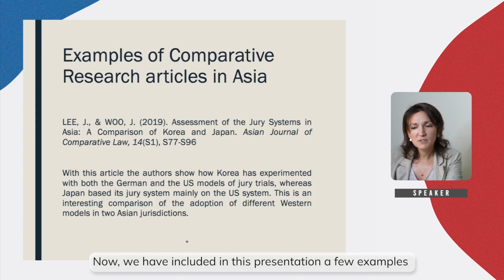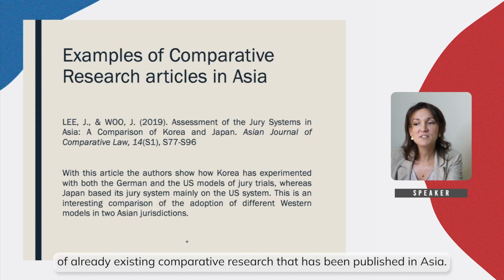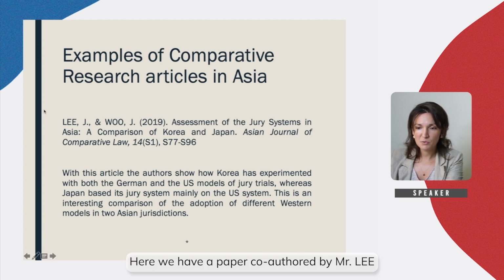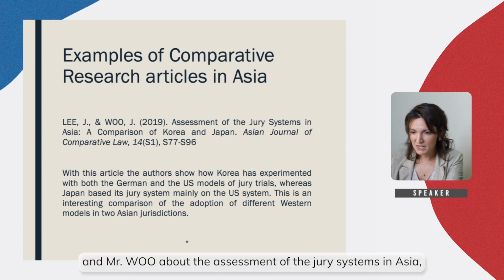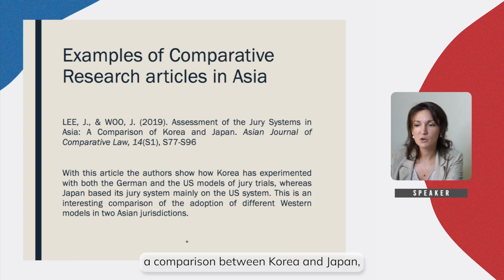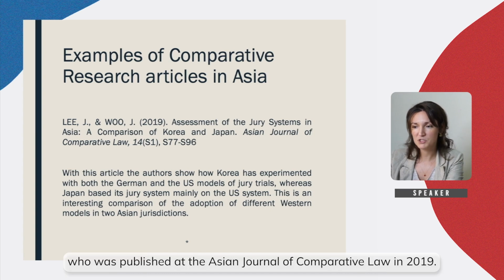Now we have included in this presentation a few examples of already existing comparative research that has been published in Asia. Here we have a paper co-authored by Mr. Li and Wu about the assessment of the jury system in Asia, a comparison between Korea and Japan, published in the Asian Journal of Comparative Law in 2019.